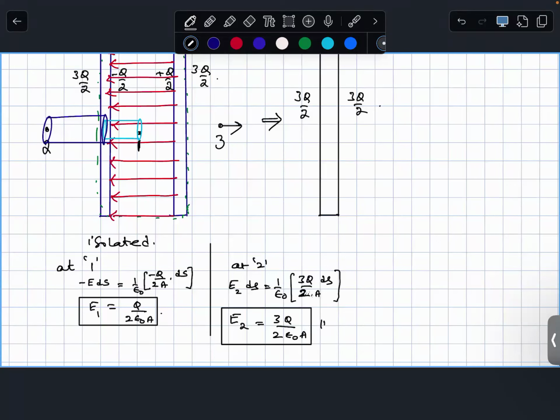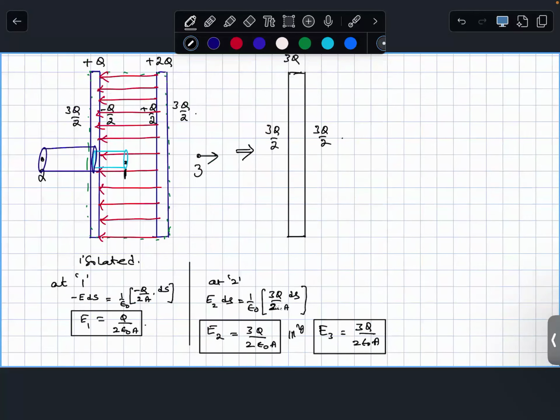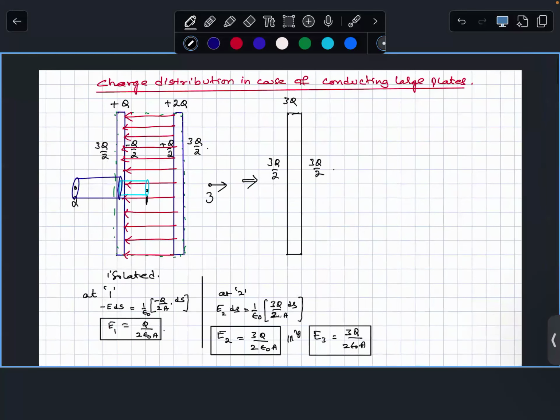So similarly, E3 is also equal to 3q by 2 epsilon naught A. That's all. Now please go through once again the entire setup of discussion.